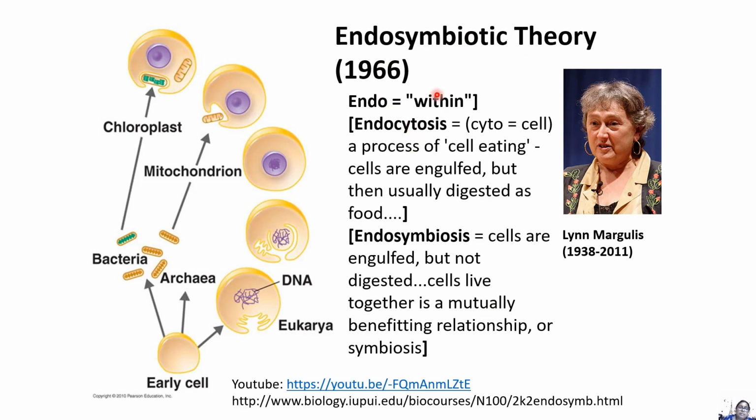Endo means within and cyto is cell. So this basically means the process of cell eating, that is, cells are engulfed but then usually digested as food. Endosymbiosis means cells are engulfed but not digested. Cells live together in a mutually benefiting relationship, or symbiosis.